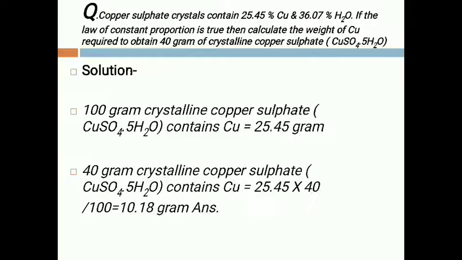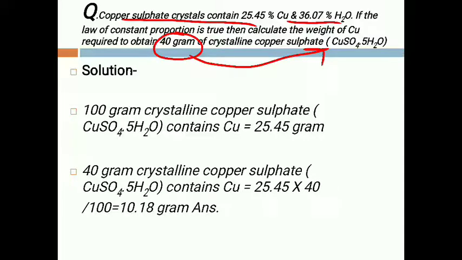Okay, there is another question, and this question talks about copper sulfate crystals. One data is given to you already, that copper sulfate crystals, we know, are CuSO4.5H2O, the crystalline copper sulfate. Okay, so 25.45% of copper is there, and 36.07% is water. And it says that if the law is true, then calculate the weight of copper required to make 40 gram of crystalline copper sulfate.